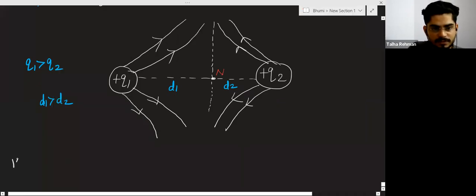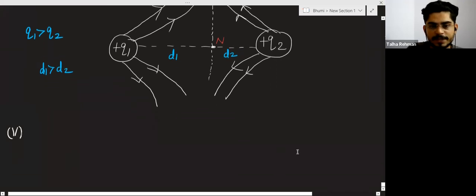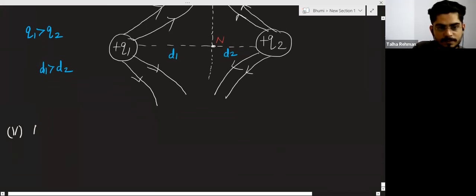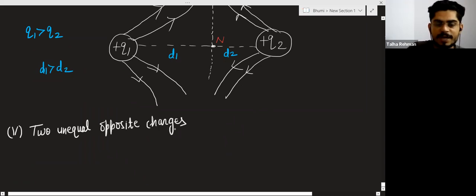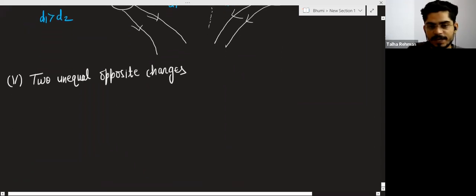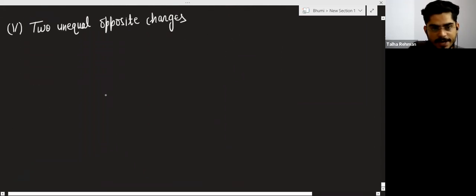I am just taking two unequal opposite charges, and we have to draw the electric field lines. So I am just taking one charge here and another charge here.